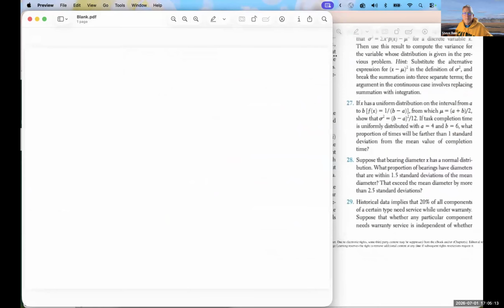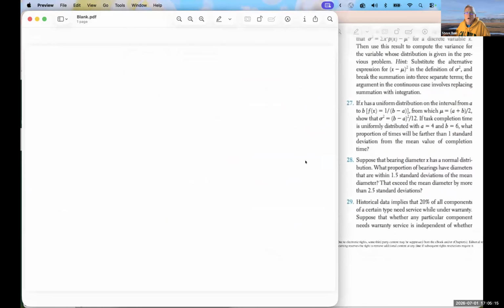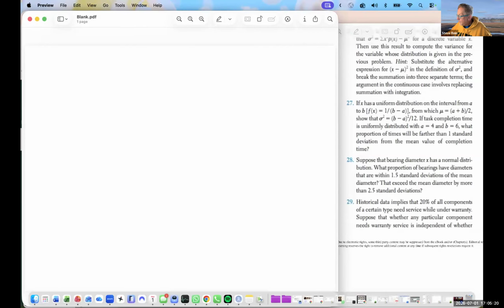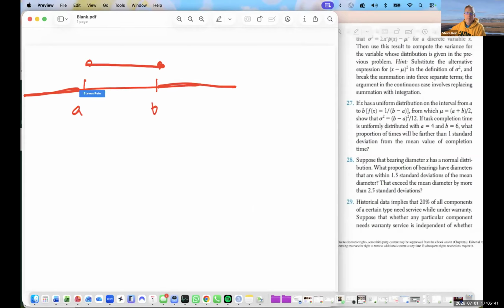Well, yeah, in this problem you have to figure out what the mean and the standard deviation are here. So I'm going to do this the way I would if I only had paper and pencil. It says I've got a distribution that goes between A and B. All of those values are equally likely, and anything below A or above B is never going to happen.